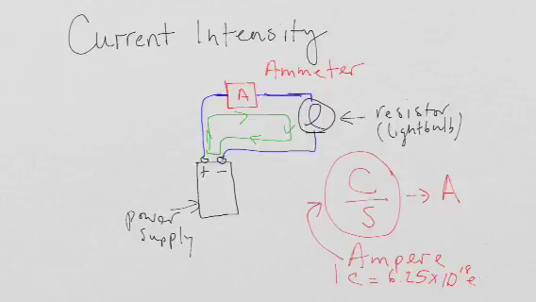And here's the cool thing about current intensity. From a mathematical point of view, it is a 3-variable equation. Current intensity, I for intensity, is equal to Q over delta T. Wow, that's confusing. I don't like all these letters.